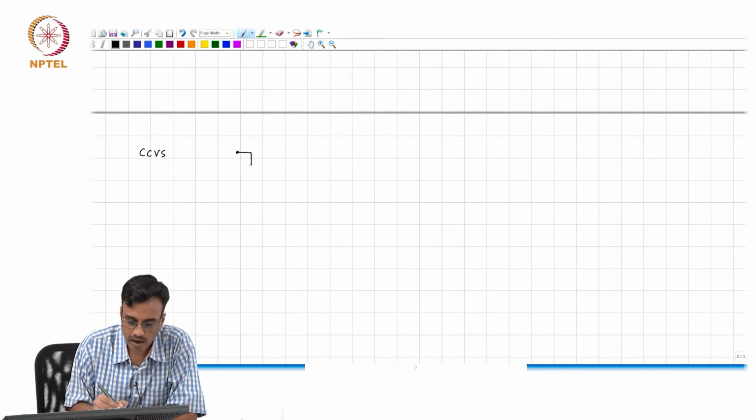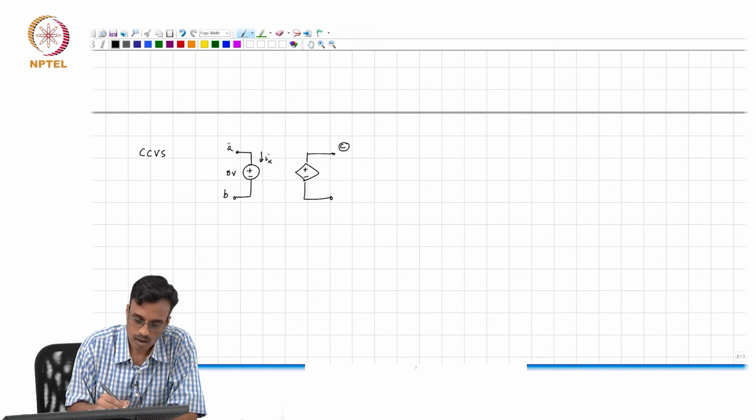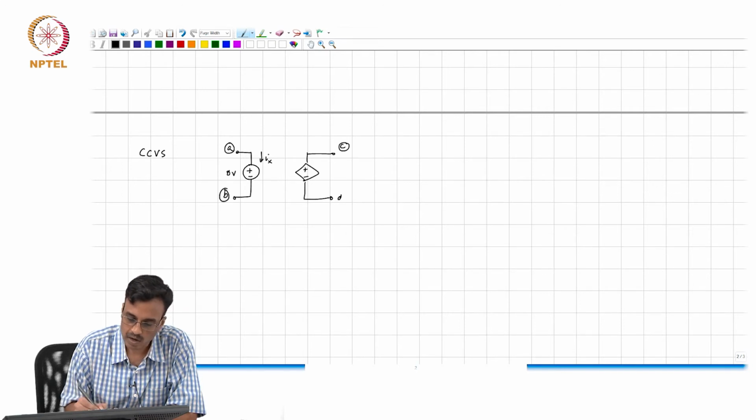So, you have A, again we have a 0 voltage source, and this is 0 volts, this is Ix, this is node C and node D, and this is some Z, some impedance times Ix.